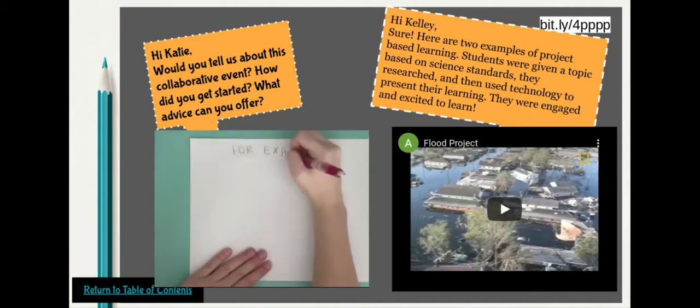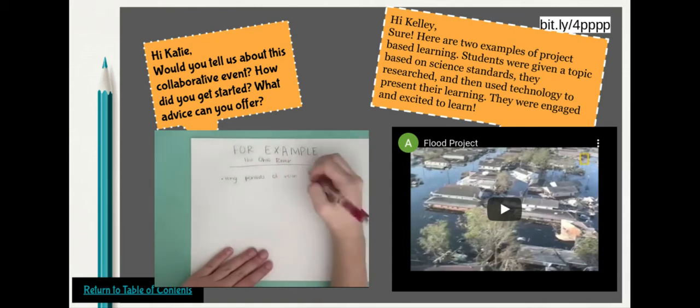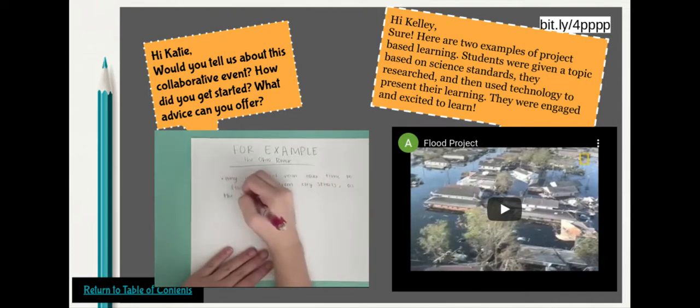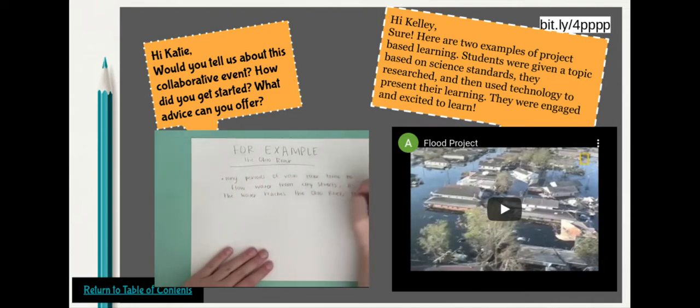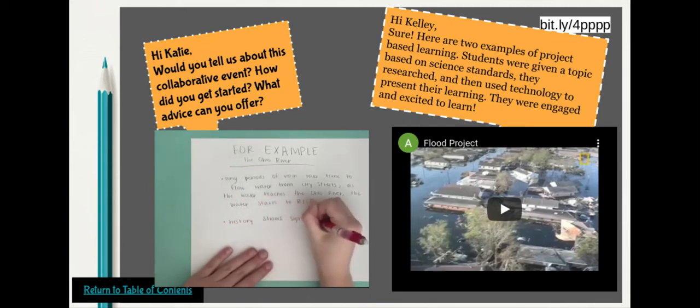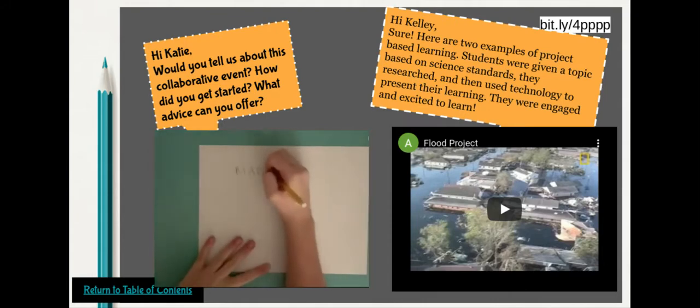For example, the Ohio River Basin. Long periods of rain take the time to flow water from city streets. As water reaches the Ohio River, the water starts to rise, and history shows significant bank erosion for 150 years in the Ohio River. Written by Kate Martis, edited by Caroline Massey, spoken by Rose Geller and Lauren Wagner.